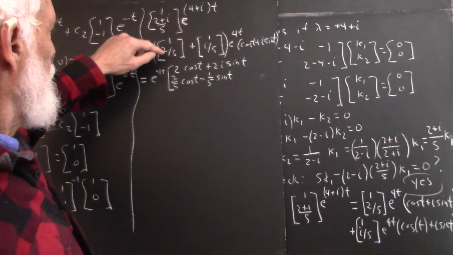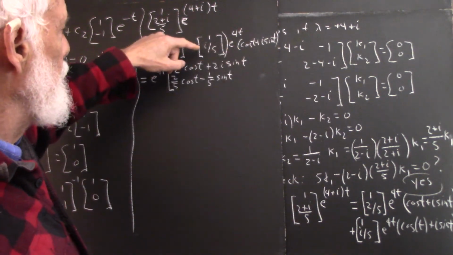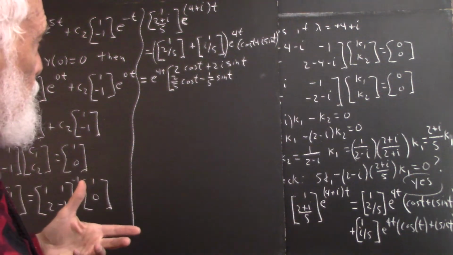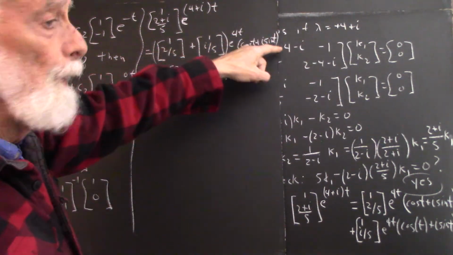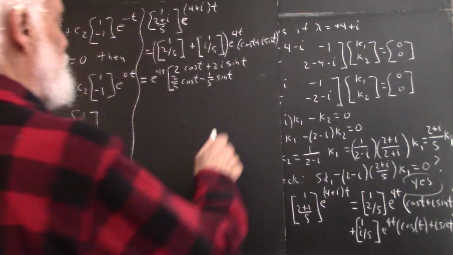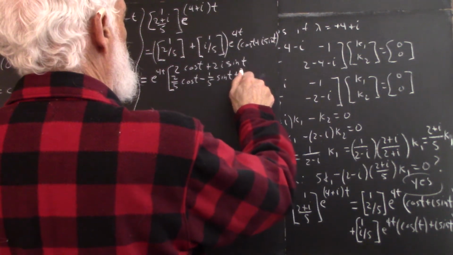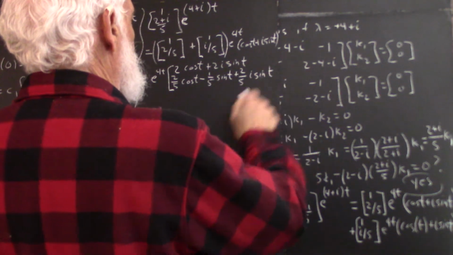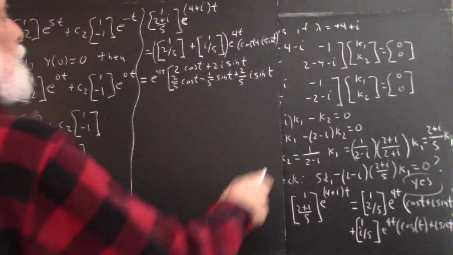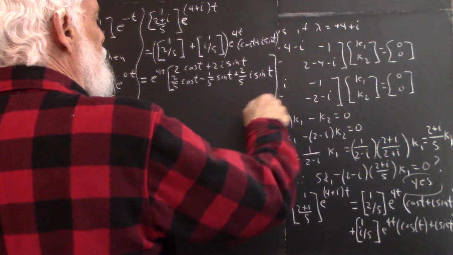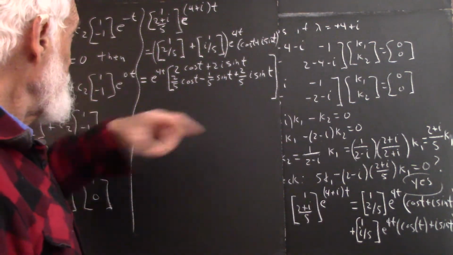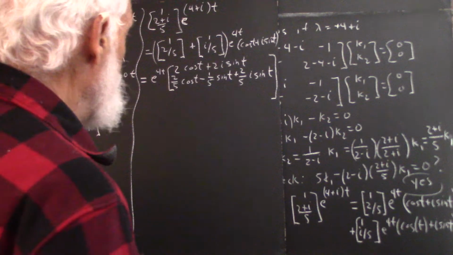So now I've multiplied the 2/5 by the cosine t, the i over 5 by the i sine t. And now I want to multiply 2/5 by the i sine t. And I'm going to run out of room, so I'm going to have to fudge it a little bit here, space-wise. And then I'm going to have the i over 5 times the cosine of t.